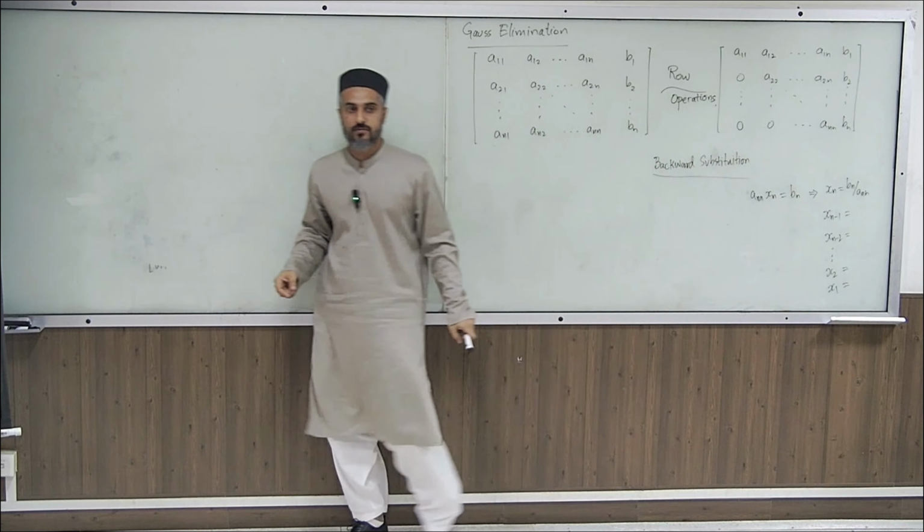Step number one: choose pivot element A11, and use it to make zeros below in all rows.